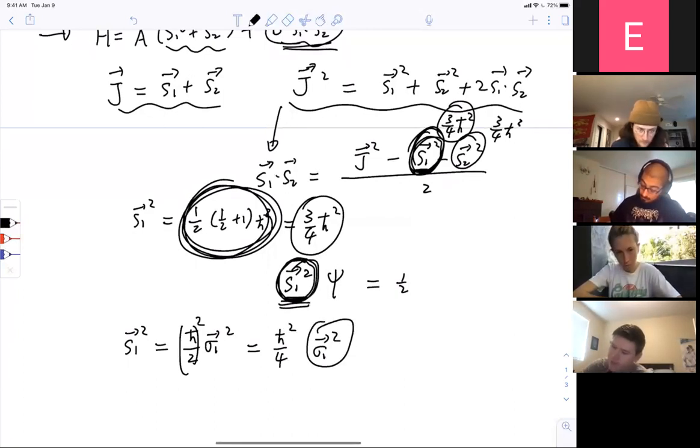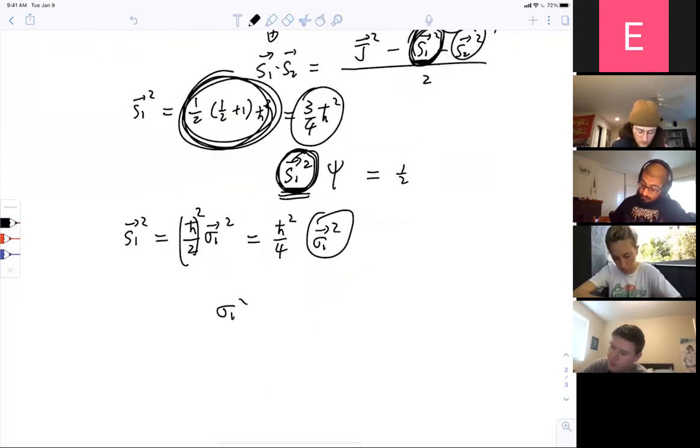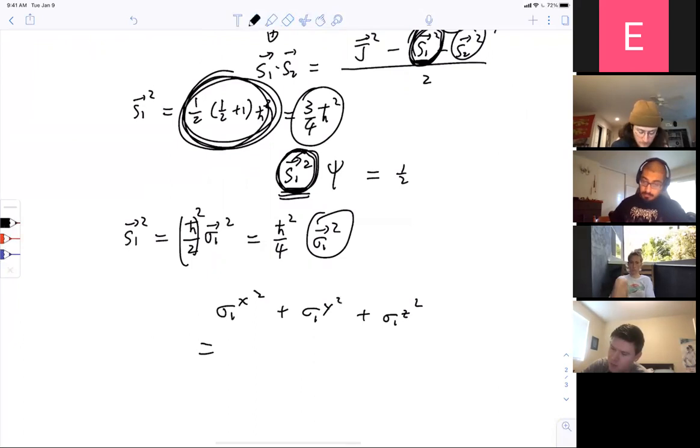So what's this? This is sigma 1x squared plus sigma 1y squared plus sigma 1z squared. We know each of these squares to unity. So it's 1 plus 1 plus 1, which is 3. So it's 3 h bar squared over 4.